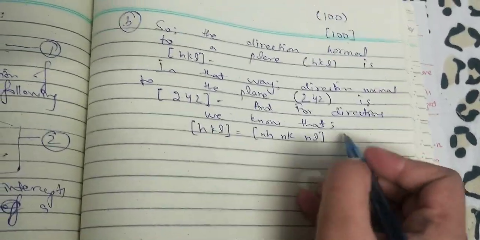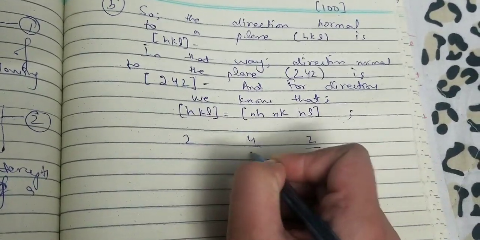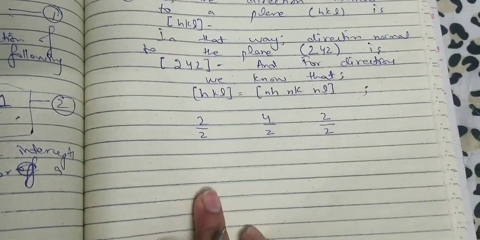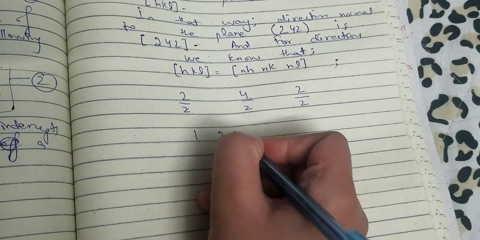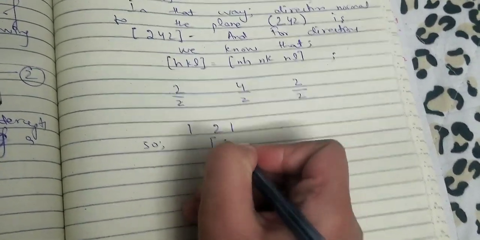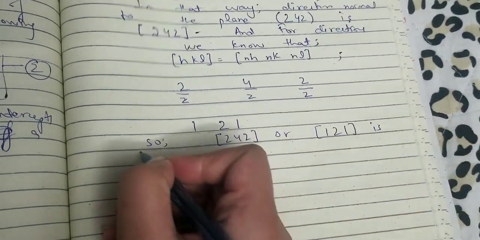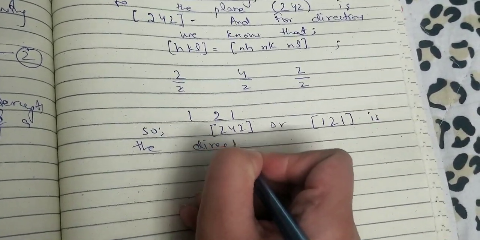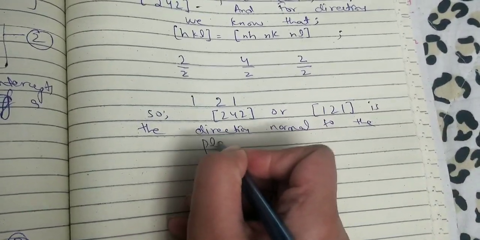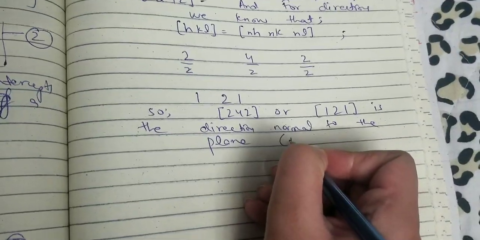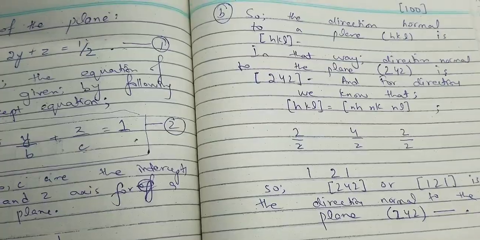That is why we can divide each Miller index by 2 to reduce it to the lowest integers, and it will become 1 2 1. So 242 or 121 is the direction normal to the plane 242. Okay, this is the answer, and in that way the question is done.